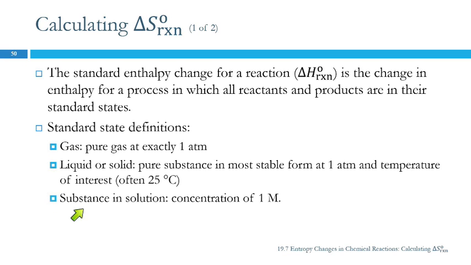And if it's a substance in solution, it has a concentration of 1 mole per liter. Now, many substances that are soluble in a solvent are not that soluble, and so you couldn't even make a 1 mole per liter. But this is the reference point, okay?